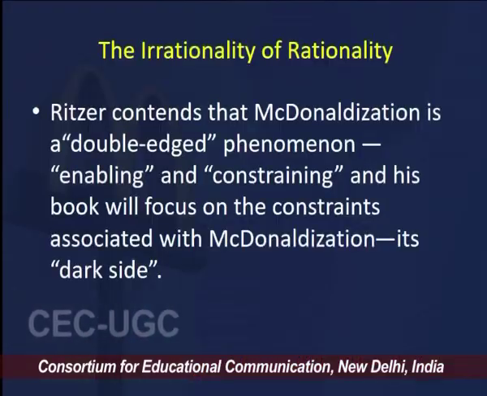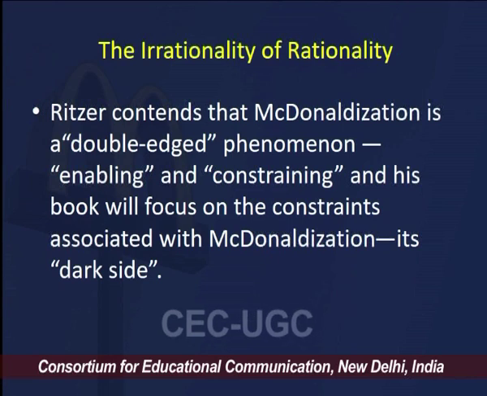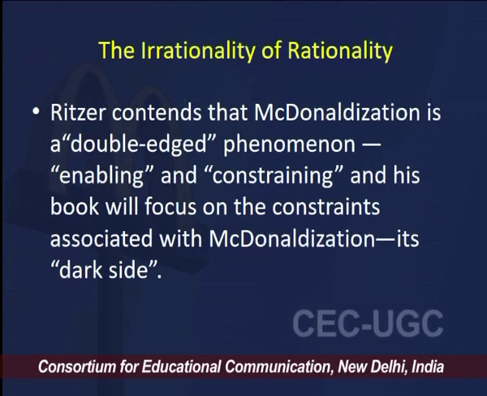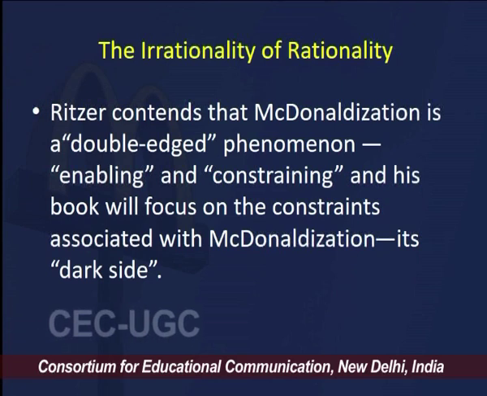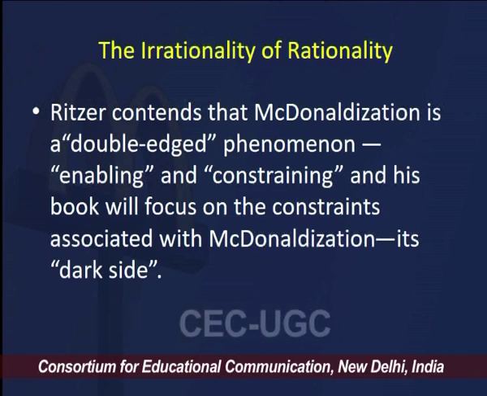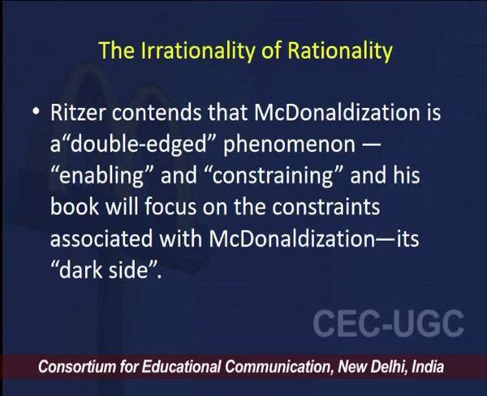Ritzer has also focused on the great cost and enormous risk of McDonaldization. Ritzer contends that McDonaldization is a double-edged phenomenon, enabling and constraining, and his book focuses on the constraints associated with McDonaldization, its dark side.